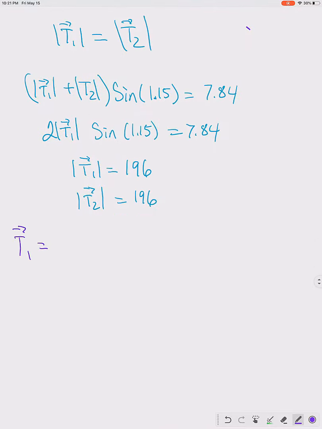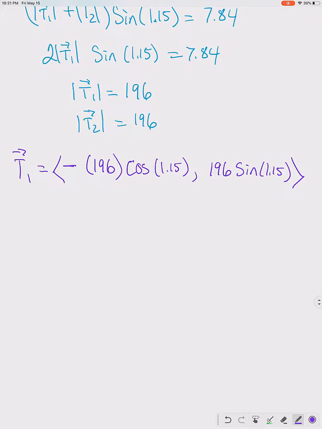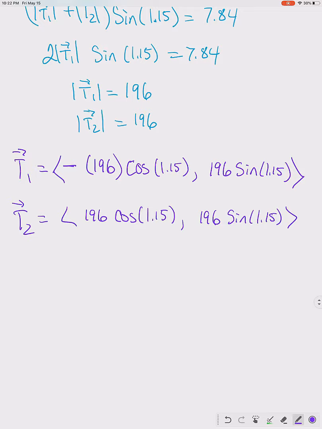So T1 is equal to negative 196, so the negative times the length of T1 times the cosine of 1.15, and then positive 196, the length of T1, times the sine of 1.15, and that's I and J. And then T2 is equal to 196 times cosine of 1.15, and 196 times the sine of 1.15.